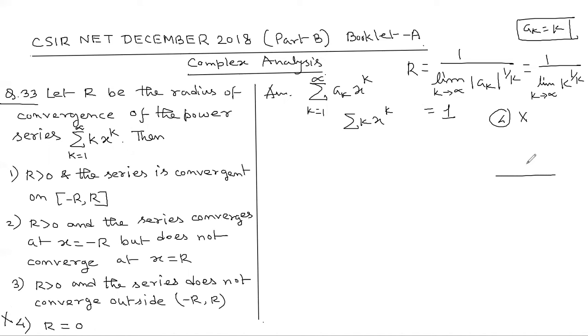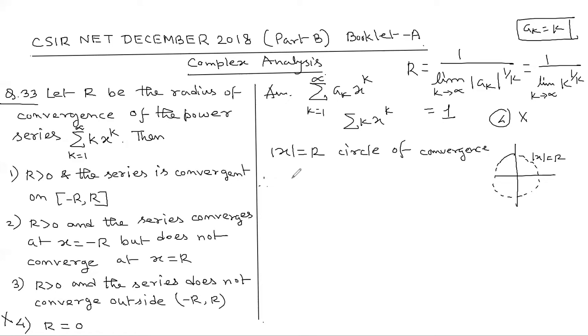Now for a given power series, mod x equal to R is called the circle of convergence. Inside the circle of convergence, the series converges. Outside the circle of convergence, the series diverges. And on the circle of convergence, the series may or may not converge.